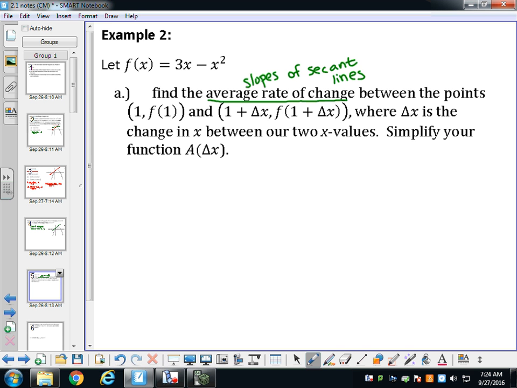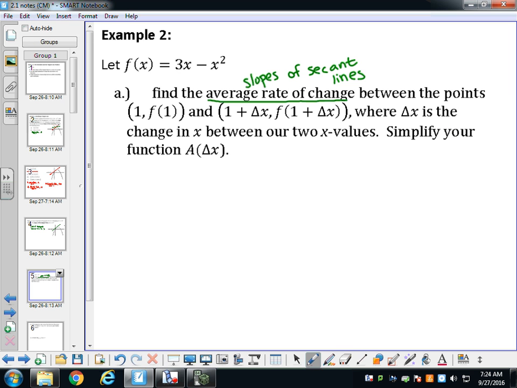This time I want to find it between 1 and f of 1, and 1 plus delta x and f of 1 plus delta x, where delta x is the change in my x between my two x values. So I'm not actually specifying what my second x value is.